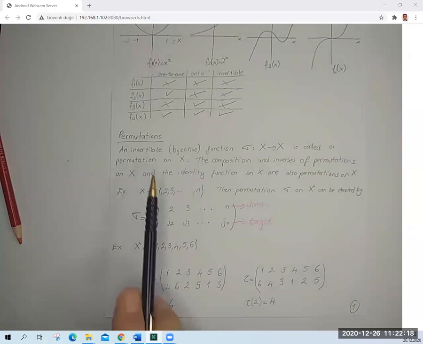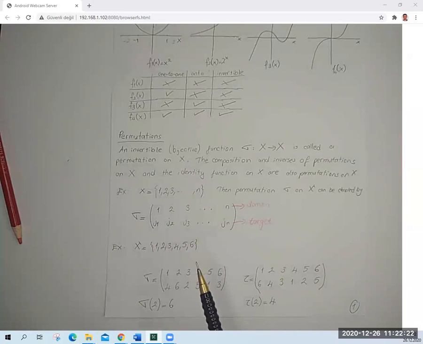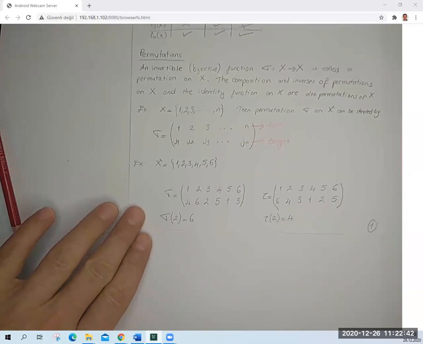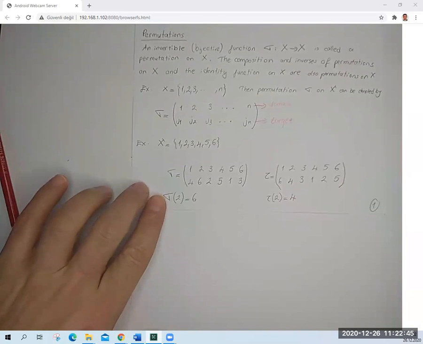Permutation functions are invertible. Invertible means one-to-one and onto. And also, I can think about the reverse of sigma as a function, and the reverse of tau is going to be exactly a function.